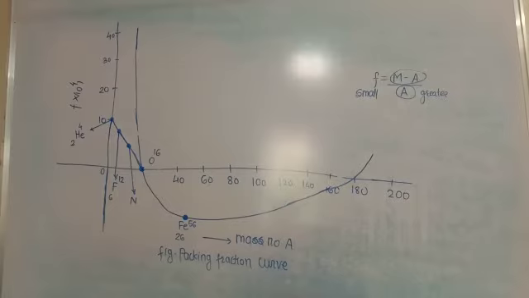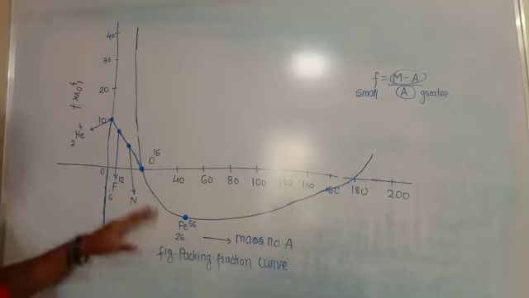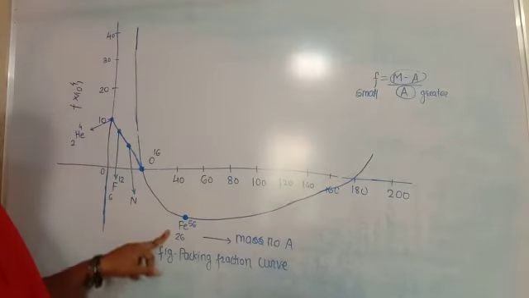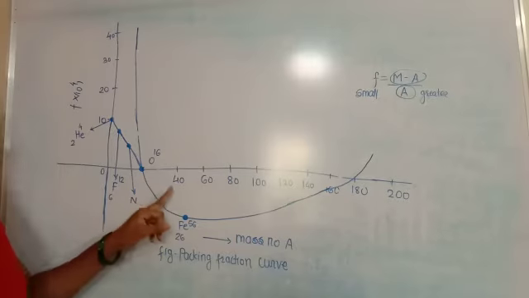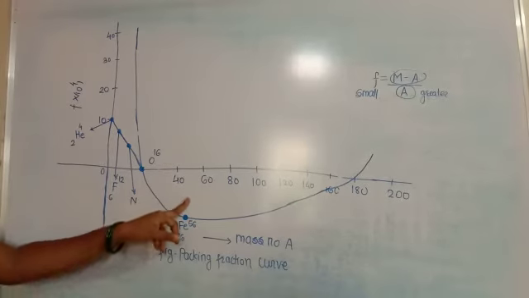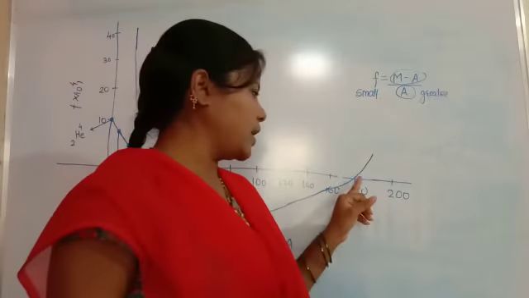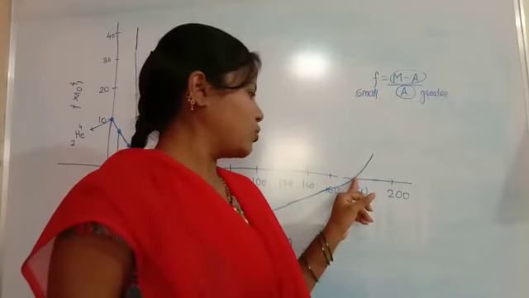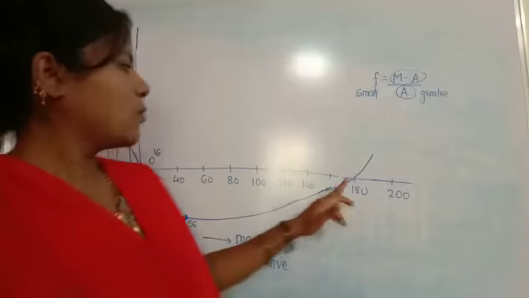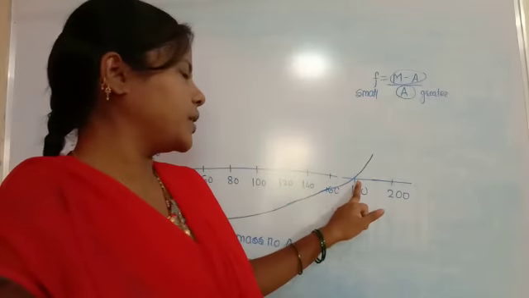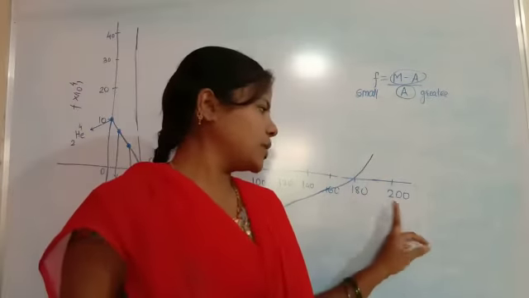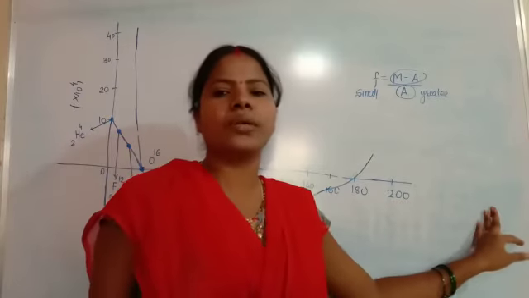There is a loss of mass number, and that's why there is a liberation of energy due to packing. Next, for heavy nuclei beyond 180, up to this point there is a 0 value, negative to positive up to 180, and above this, 200, 220 and 240.